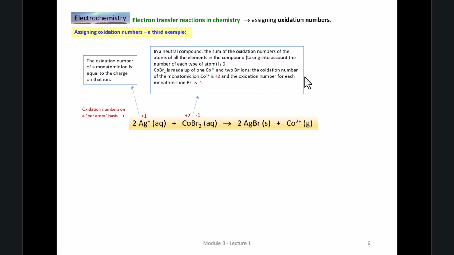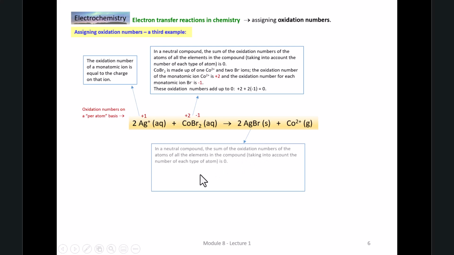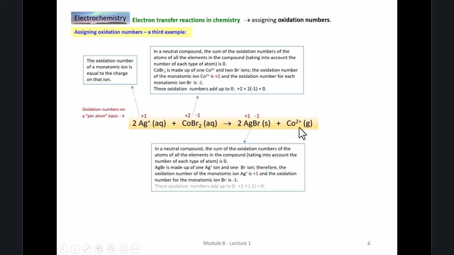Going over to the other side, we have silver bromide, which consists of a silver ion +1 and a bromide ion -1. So we can assign those. And finally, the oxidation number of cobalt 2 plus, of course, would be 2 plus because the oxidation number is equal to the charge on a monatomic ion.